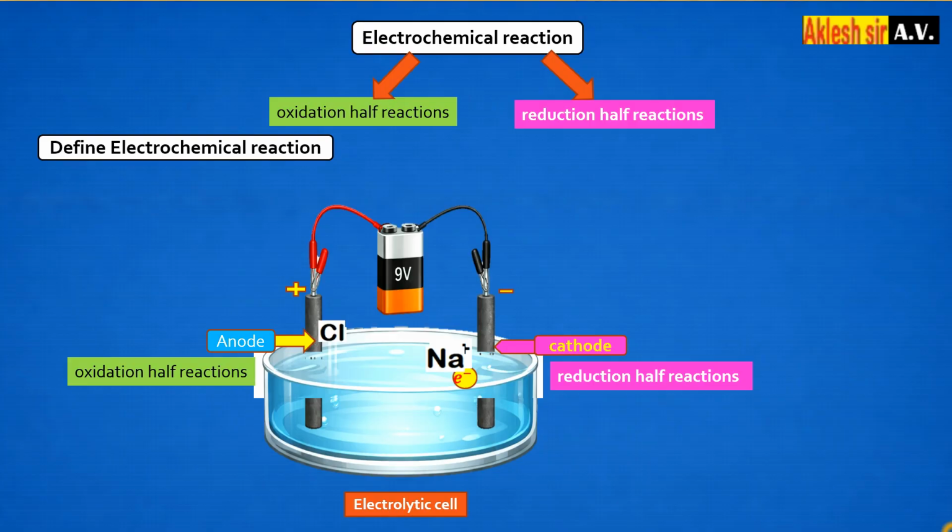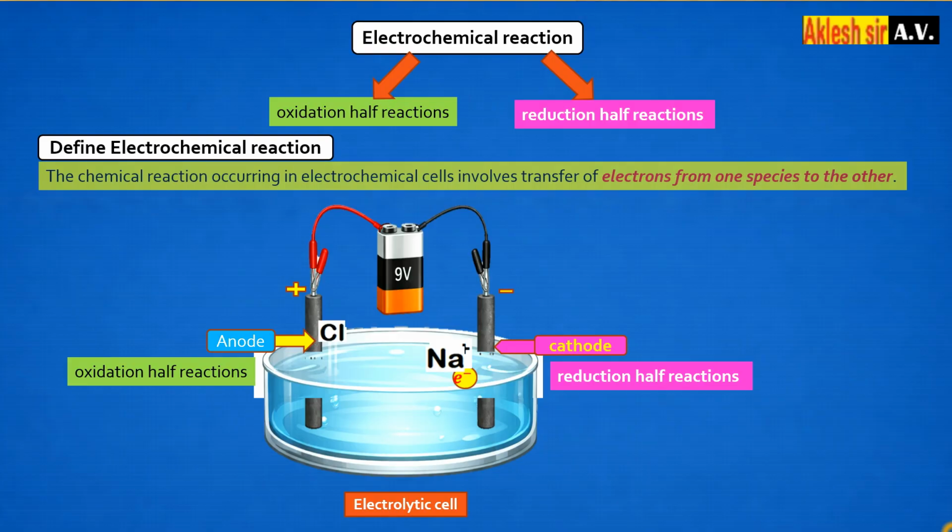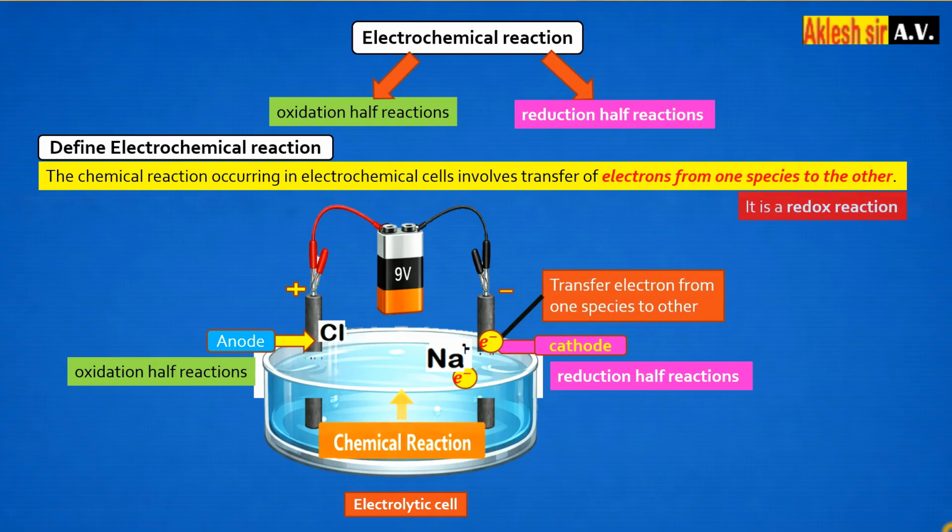Define electrochemical reactions. The chemical reaction occurring in electrochemical cells involves transfer of electrons from one species to the other. It is a redox reaction.